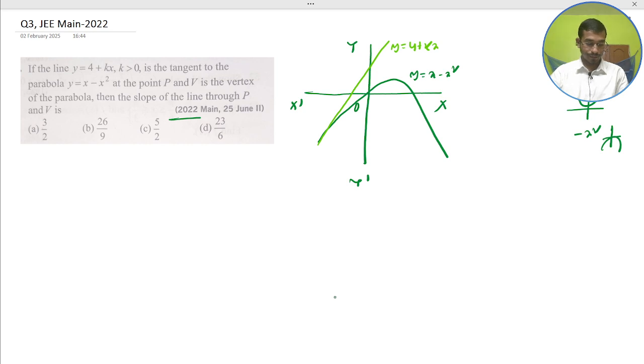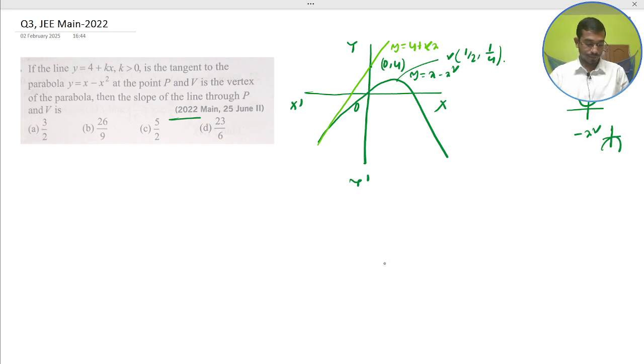So here this would be the point (0, 4). And this point would be what? This point would be (1/2, 1/4). You just solve these two equations and you would get it.